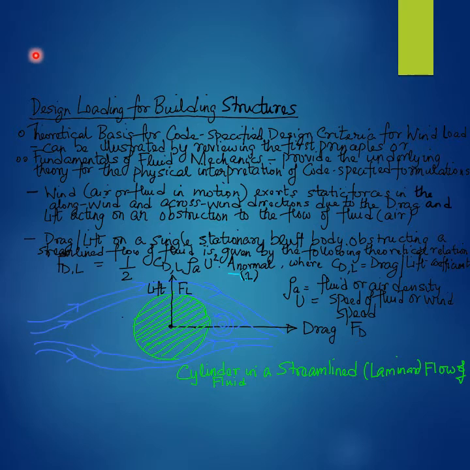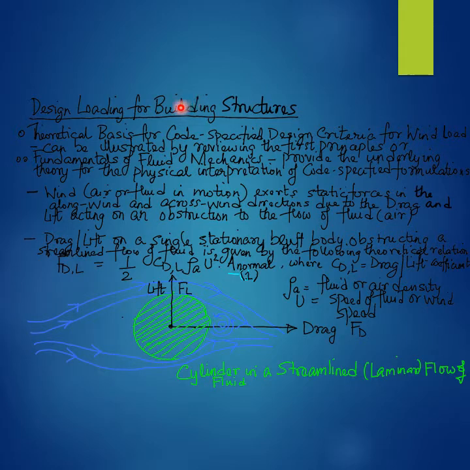Well, after completing the mathematical derivation for the theoretical basis of the code specified formulation for design earthquake loads as specified by the Indian Standard Code of Practice for Earthquake Resistant Design of Building Structures, that is IS 1893 2016 or the latest revision, we will now proceed to the mathematical derivation of the theoretical basis for the code specified design formulations or design criteria for wind loads.